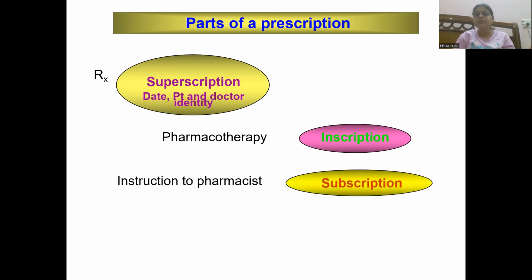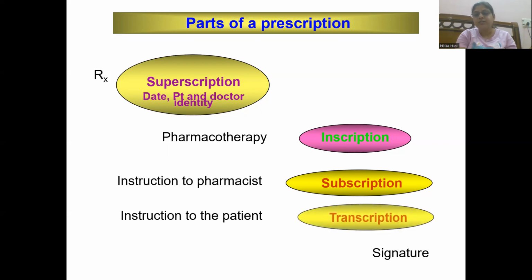Instruction to the pharmacist comes in the subscription, that is, how many tablets he has to dispense to the patient, for how many days, and how many tablets, has to be specified in the subscription part. Then the signature.